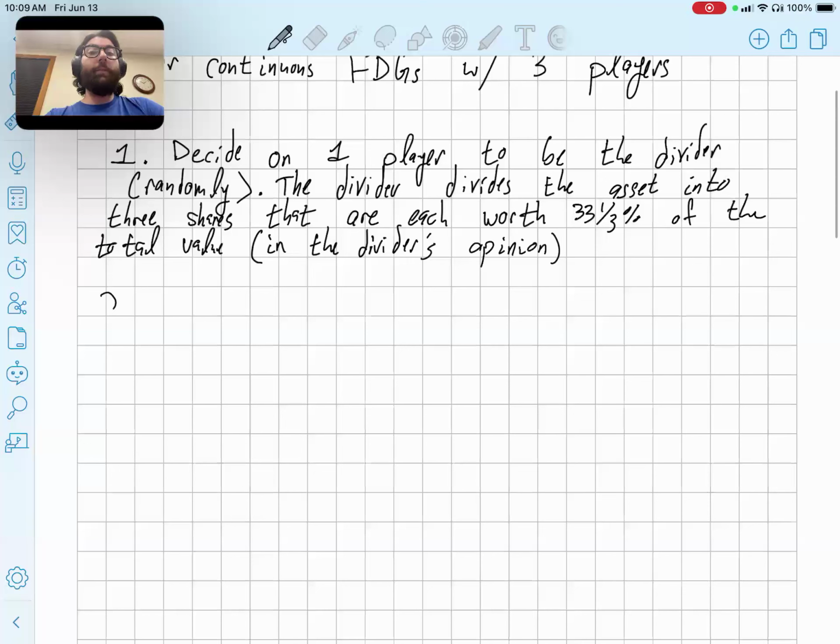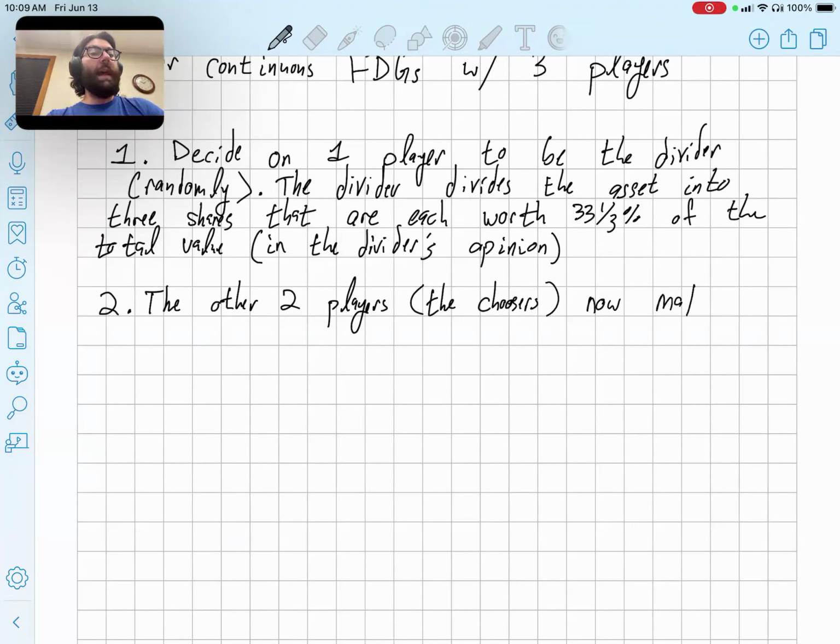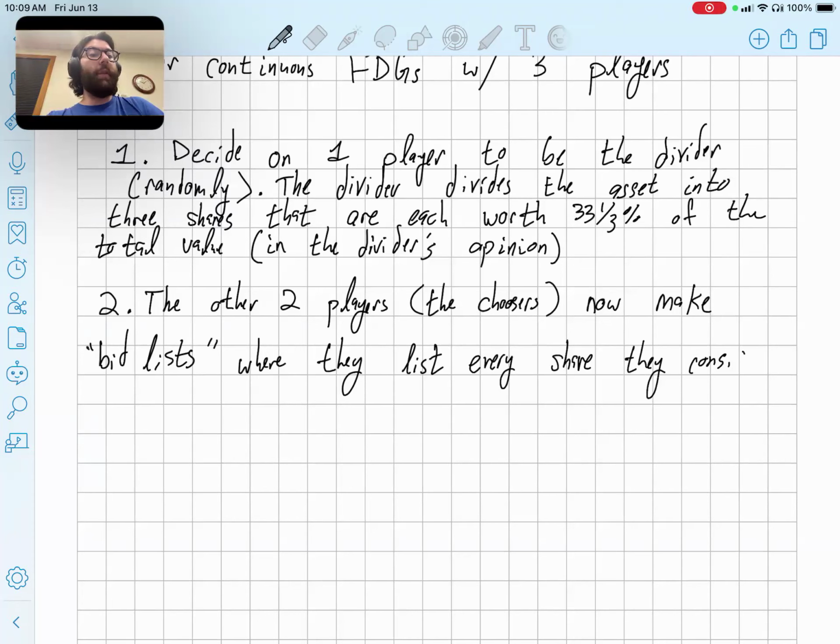Okay, now the other 2 players, so step 2, the other 2 players, the choosers, now make bid lists, what are called bid lists, where they list every share they consider fair.